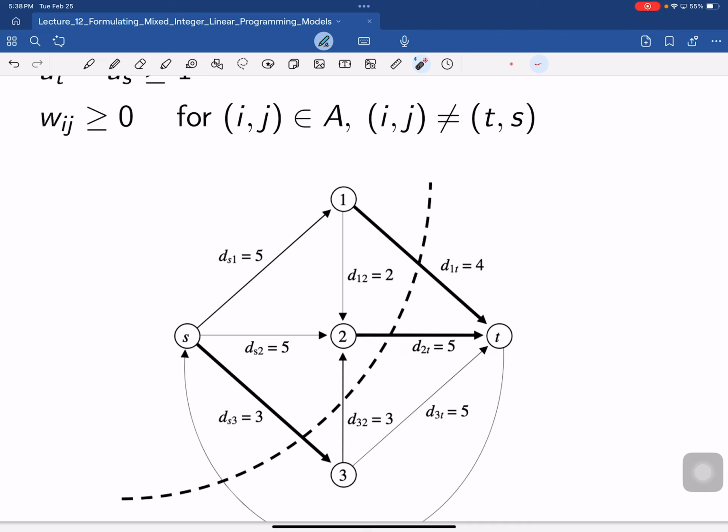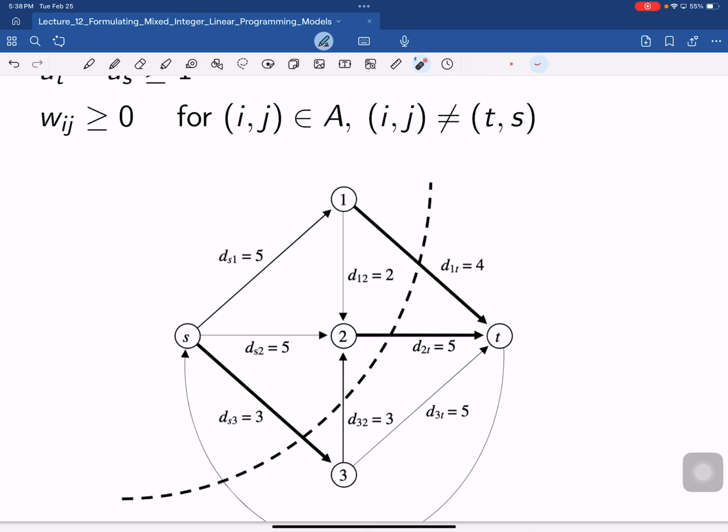A cut of this partition is to add up all the edges that are connecting from the left side to the right side. So these 3 nodes are on the left side, and these 2 nodes are on the right side. Suppose they are cut by this dashed line here. Now let's consider all the edges from the left to the right.